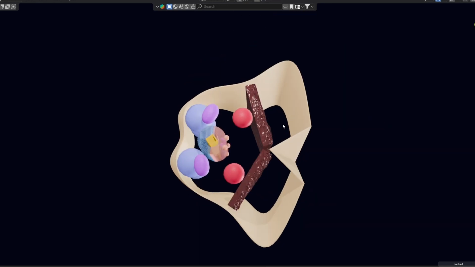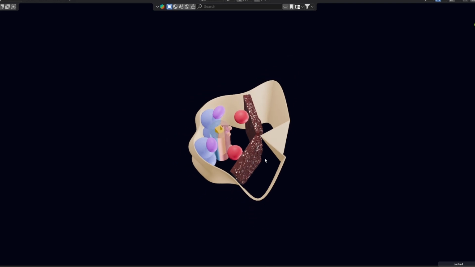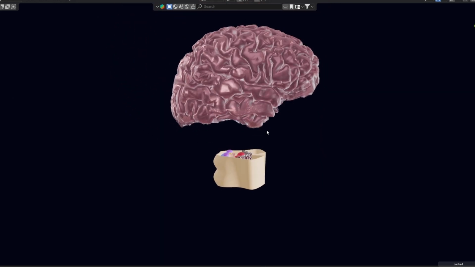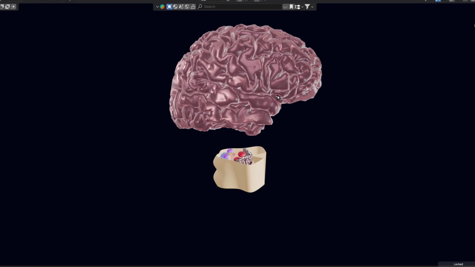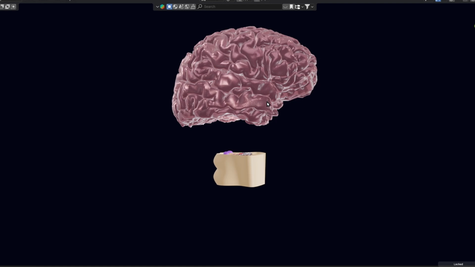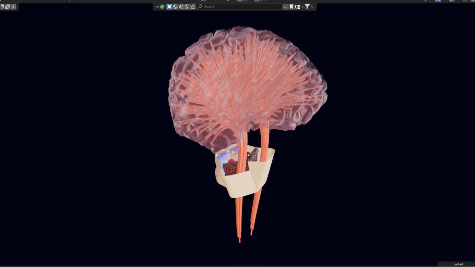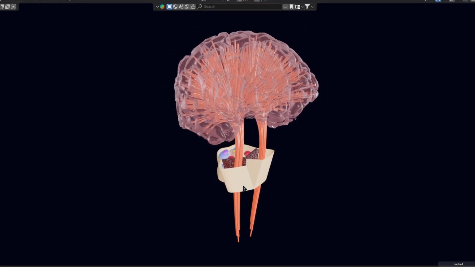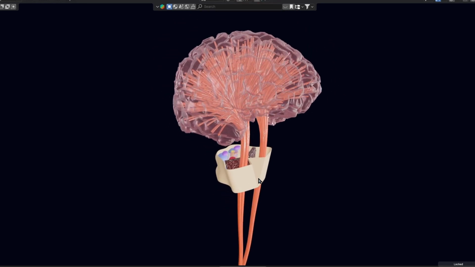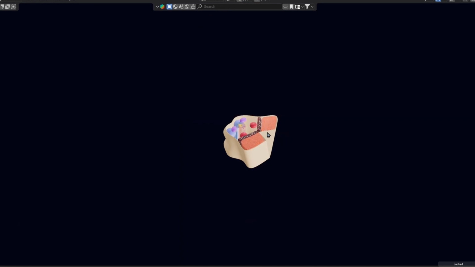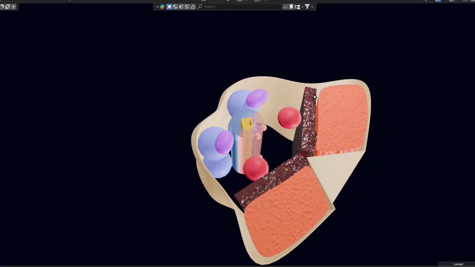Okay, now what is this region? Here, if I show you further, you have your brain, and from the cerebral cortex, of course this is also brain, this is midbrain. From the cerebral cortex, some descending fibers or motor fibers will arise, and they will pass through this region, right? And if I then remove this, here are those descending fibers.